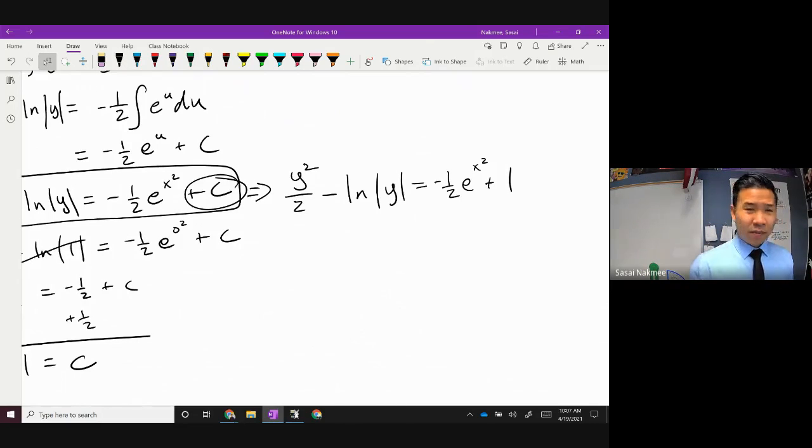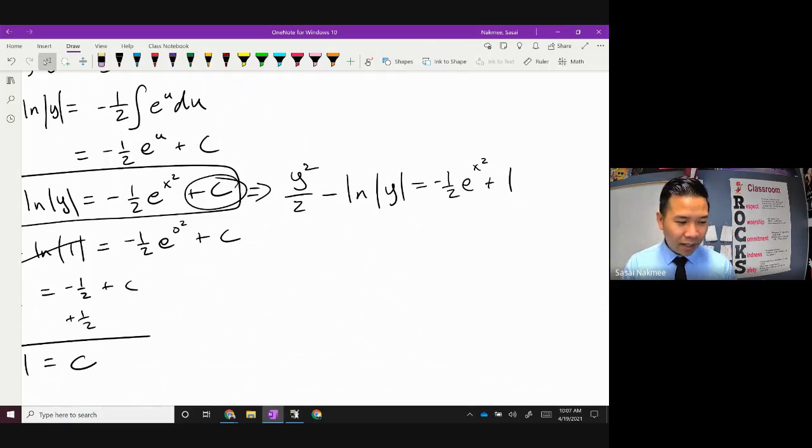This next part, how good are your algebra skills, guys? Decent? You're technically not done, in the sense that you're supposed to solve for y. And if you're looking at this problem, it gets a little bit tricky, right?